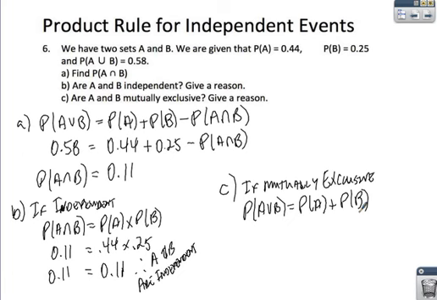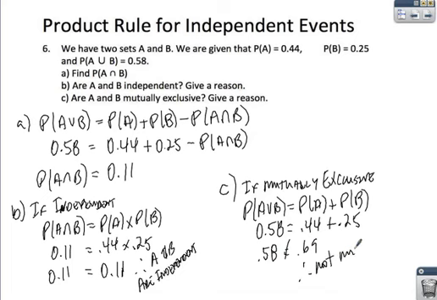And again, our value for P(A union B) is 0.58, P(A) is 0.44, P(B) is 0.25. And again, it's obvious that 0.58 does not equal 0.69, which we already knew, but we can say it.